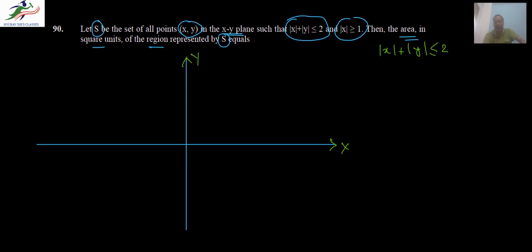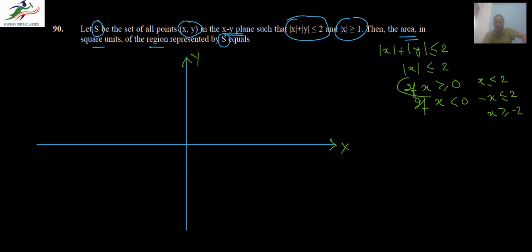Now as you know that if we have a modulus, then there are always two possibilities. That means if I have mod x less than equal to 2, that means if x is greater than equal to 0, then x is less than equal to 2, and if x is less than 0, then mod x becomes minus x is less than equal to 2, or x is greater than equal to minus 2.